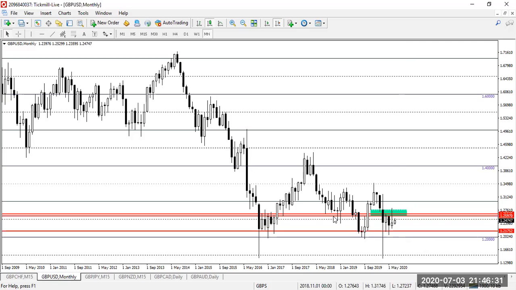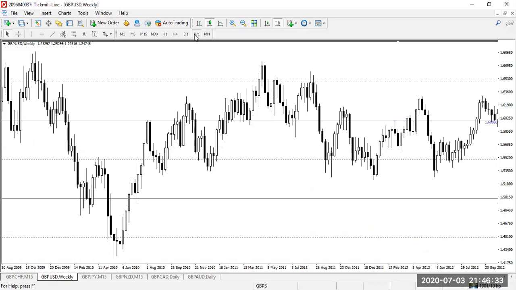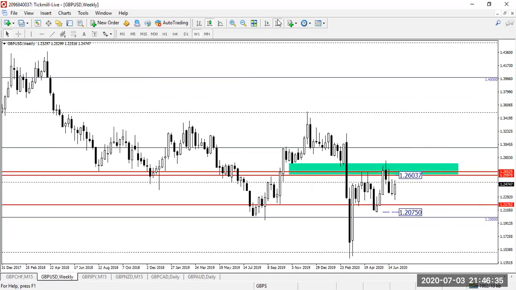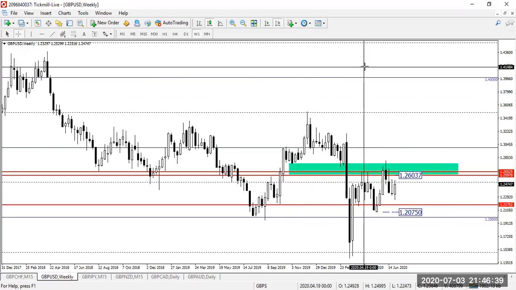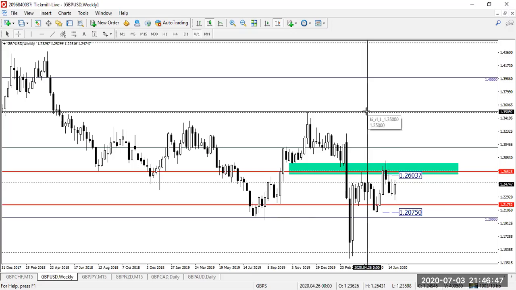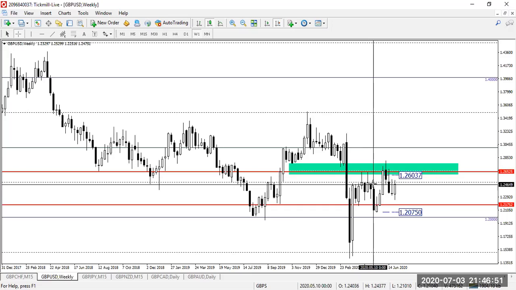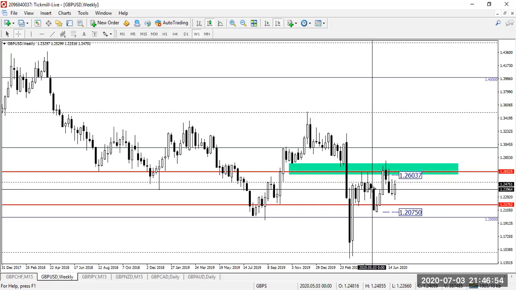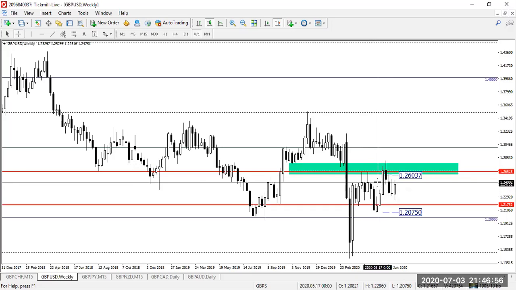Okay, here, let me go down to weekly now. This is the weekly time frame. It has clarified things a lot, because you see this candle, the last candle of the month, it has opened and closed below level 1.25.